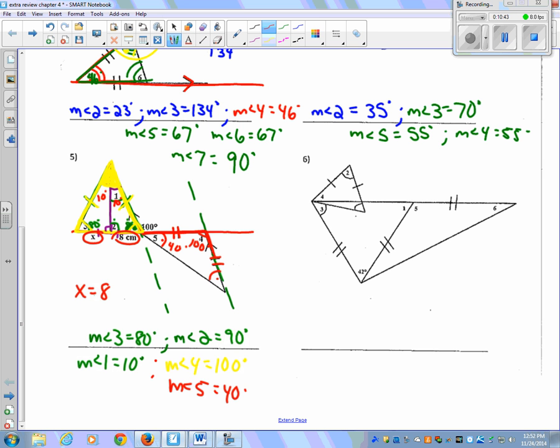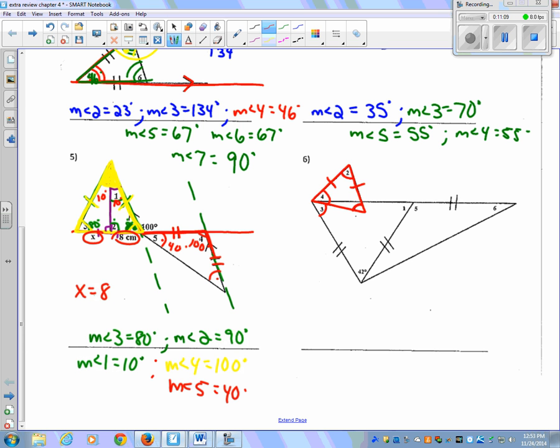All right, number 6, we have a lot of triangles here. This triangle, let's start with this one. This angle 2 is marked congruent to this corner angle here. It's also marked congruent to angle 3. It's got two congruent sides. Therefore, the angles across from those two sides are congruent.